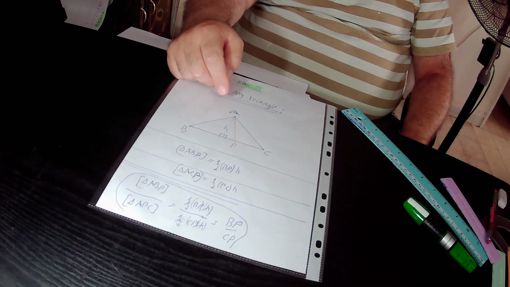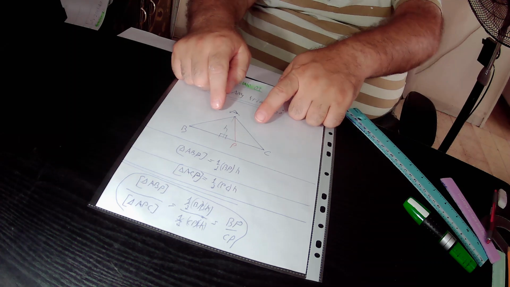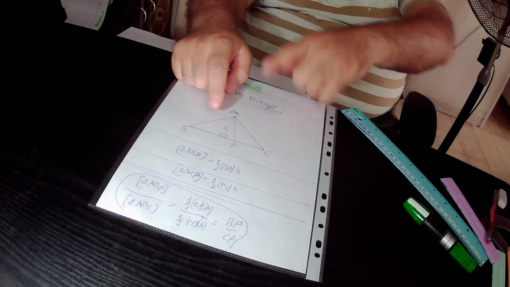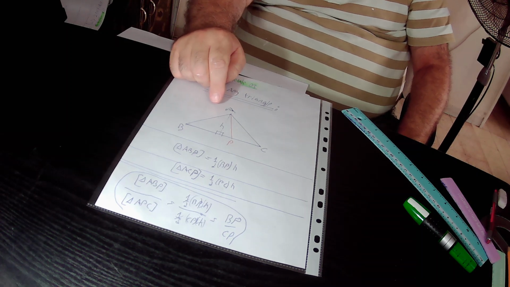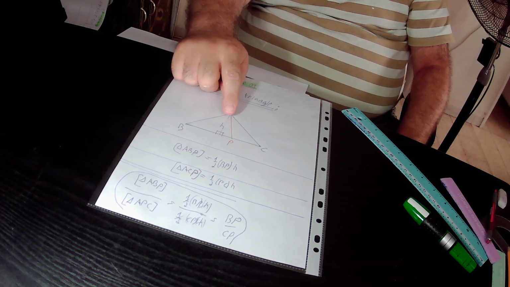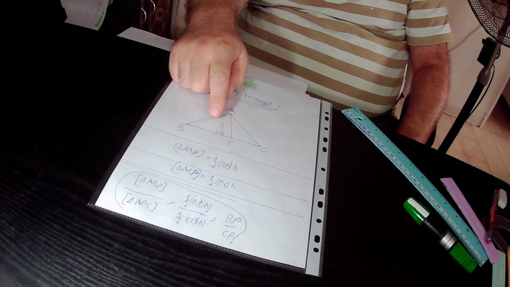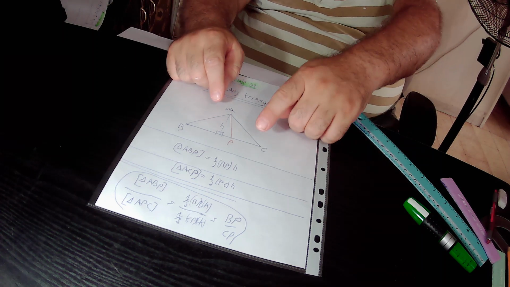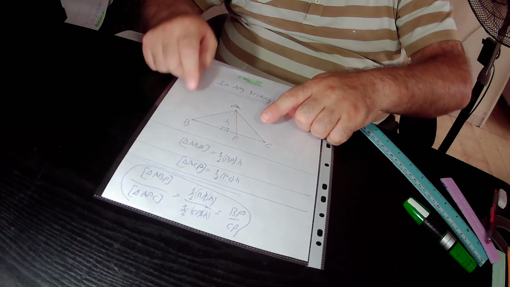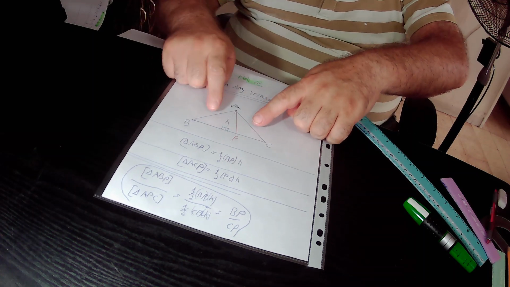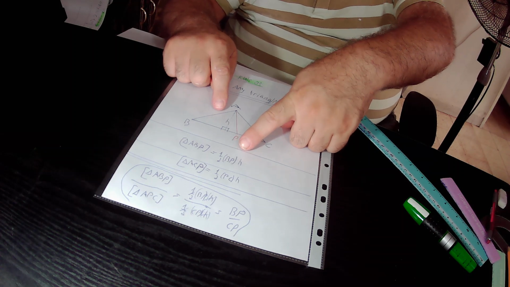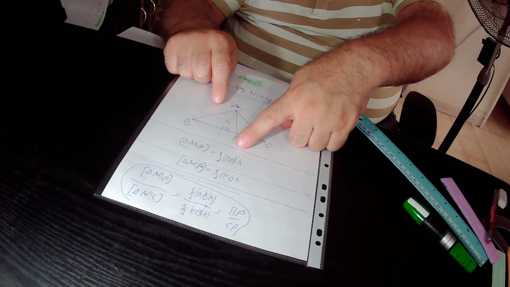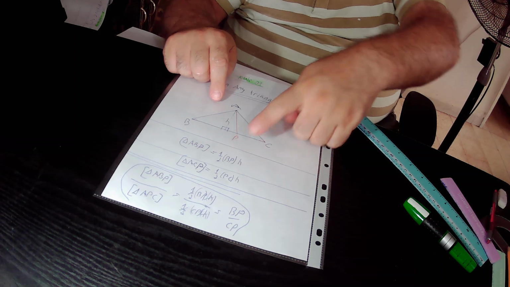So what is the ratio between the areas of those two small triangles? The area of this small triangle ABP equals the base BP times the height H over 2.